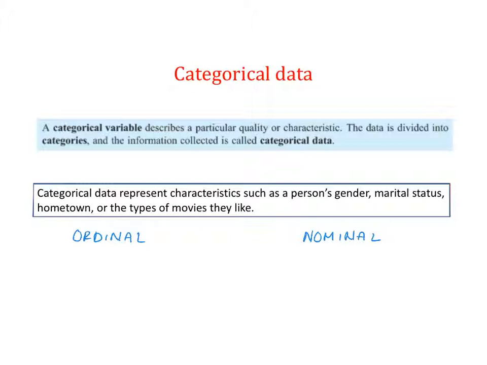It's ordered, or to be more clear, it has a scale. So, for example, how are you feeling? Good? Bad? Okay?